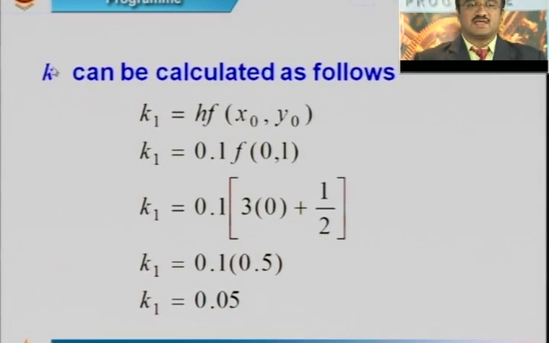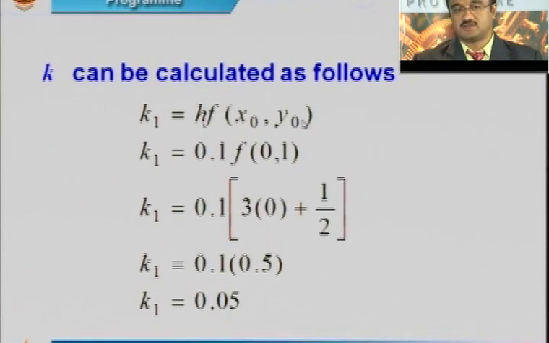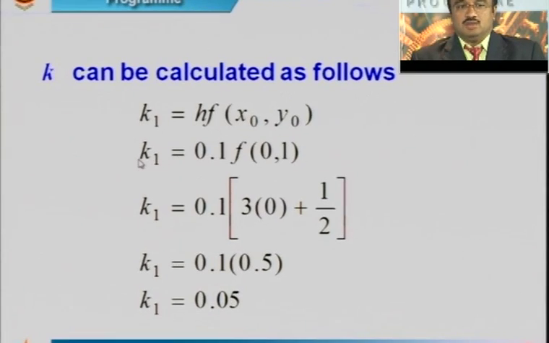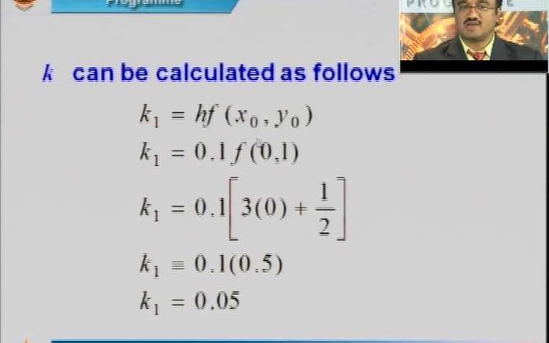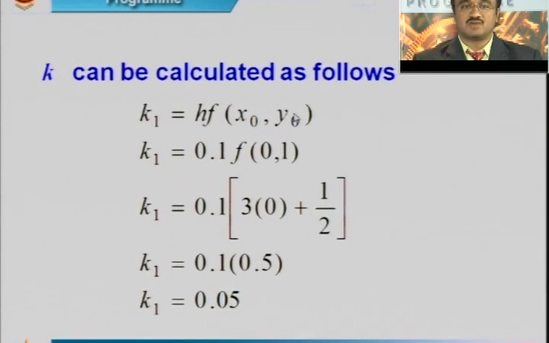So here also the k can be calculated as follows. Here k1 is h into f of x0 comma y0. So in place of h you put 0.1, then x0 value is 0 and the corresponding y0 value is 1.